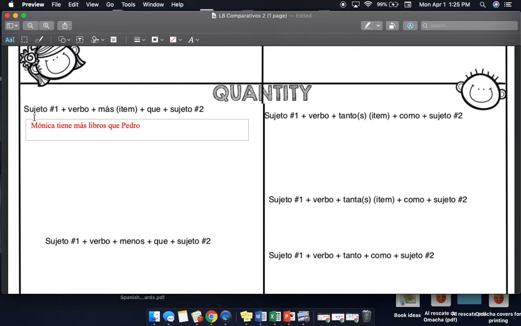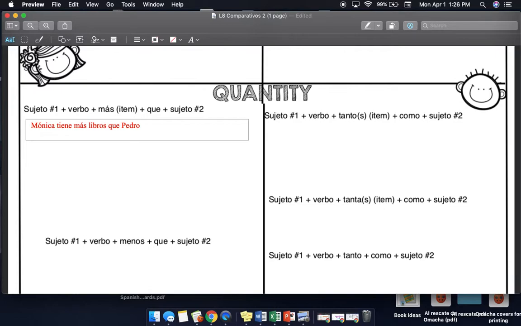So notice in my little thing, Mónica is my subject number 1. Then a verb, to have. More of what? What item am I comparing? What does Mónica have more than Pedro? In this case would be libros que Pedro.